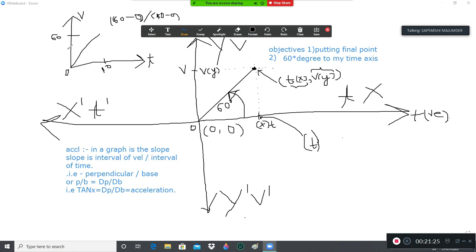Why am I saying interval? See, if I am saying the acceleration between, see, it's 50 and it's 60, and at that time it is 5, it is 10. I am using the word interval because, using the concept that I told you earlier, if a line has a point, that doesn't mean the point is the length of the line. The interval of that point will tell you the length of the line. So here this is point A, this is point B. What is the length between them? That is 10, because 60 minus 50.